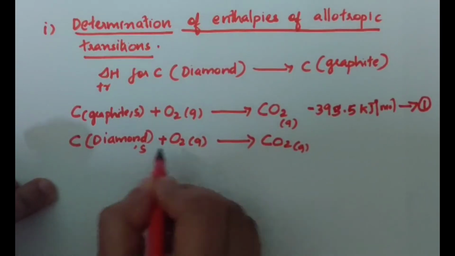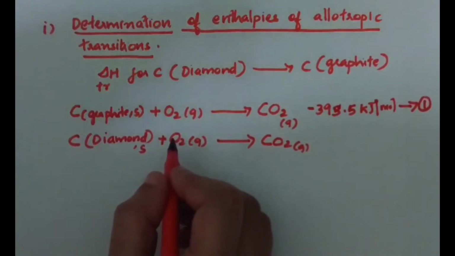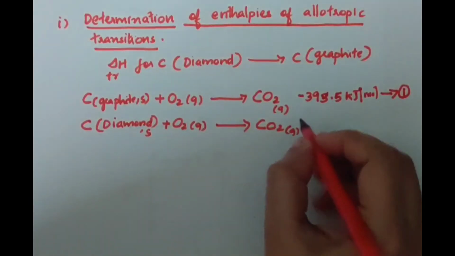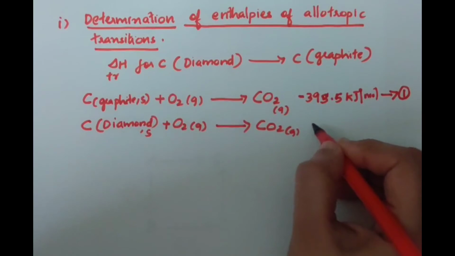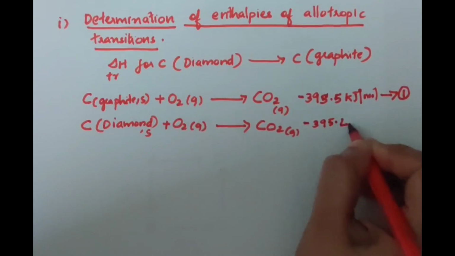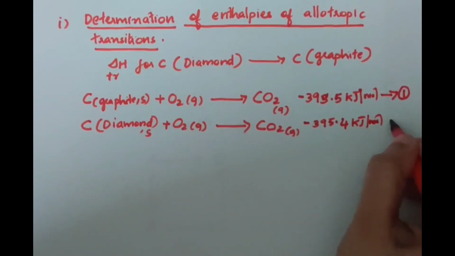Here also it is combustion, that is burning in presence of air. The enthalpy change for this reaction is negative 395.4 kilojoule per mole. You can write this as equation number 2.